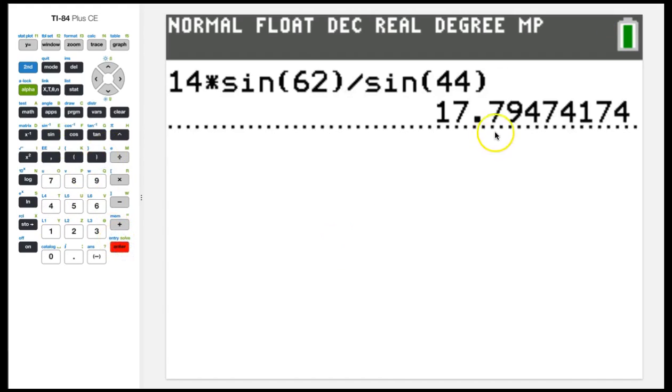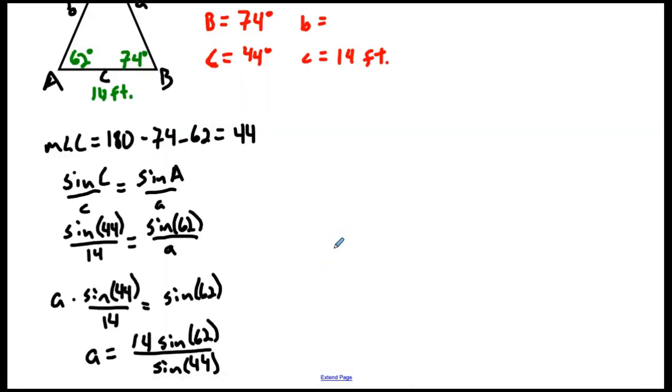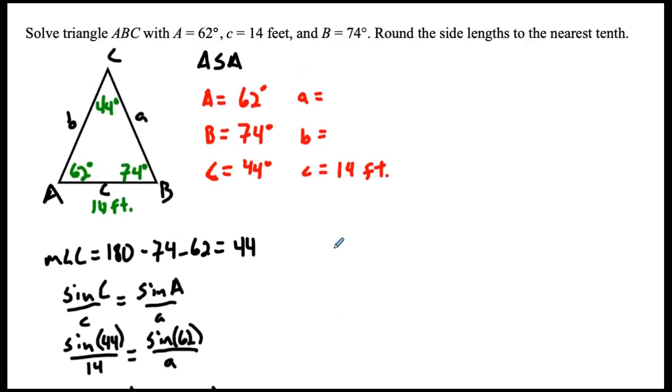And we get that side A is 17.794. Now, I believe in most of the directions we're going to be told to round to the nearest tenth, so that would be 17.8. So we can fill in side A is 17.8 feet.